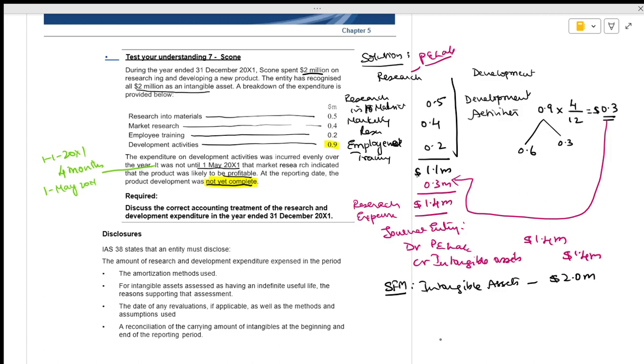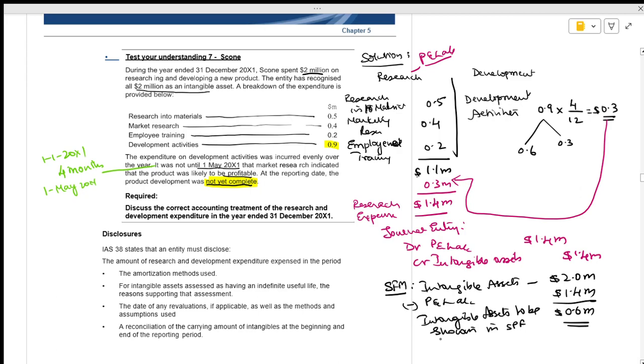We have expensed 1.4 million in the profit and loss account, so the intangible assets to be shown in the statement of financial position are 0.6 million. Like this, you have to be very clear about which items have to be expensed.